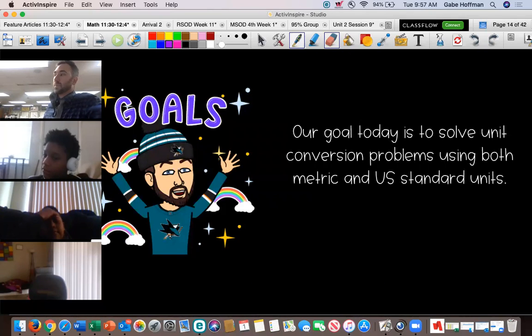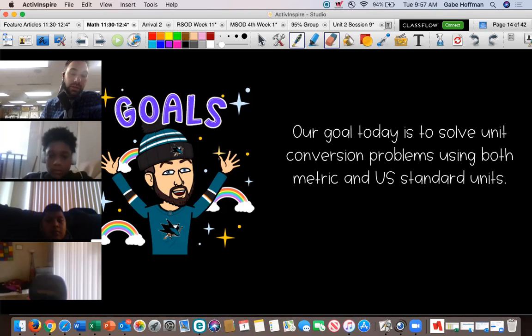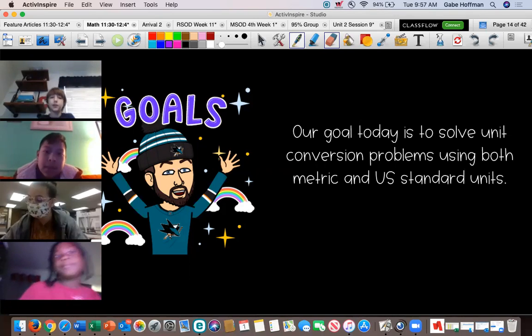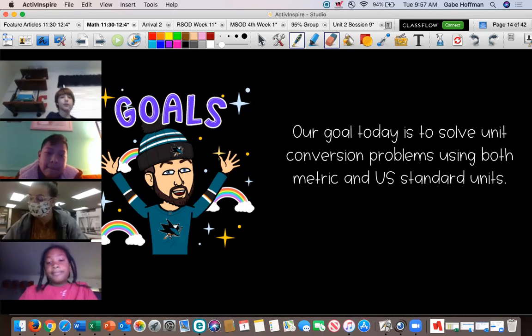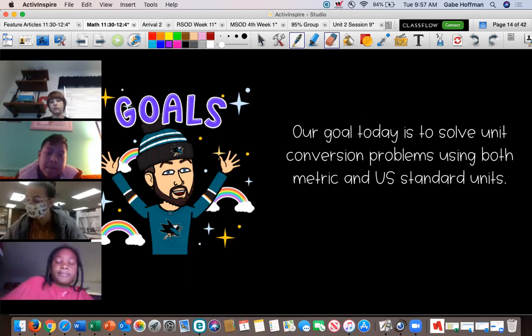Millimeters. That's metric. Inches, or there's 12 inches in a what? In a foot. So we have feet, inches, and yards. And then metric would be millimeters, and there's two more. CJ, what are they? Centimeters and meters. So US is inches, feet, and yards, and then metric is millimeters, centimeters, and meters.